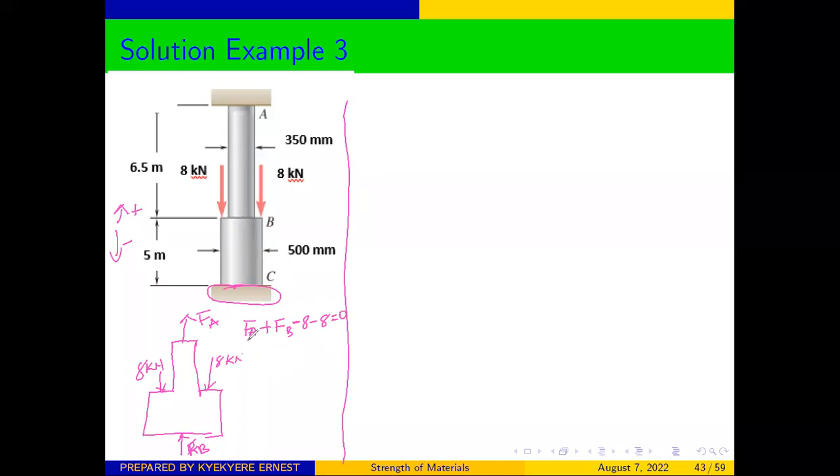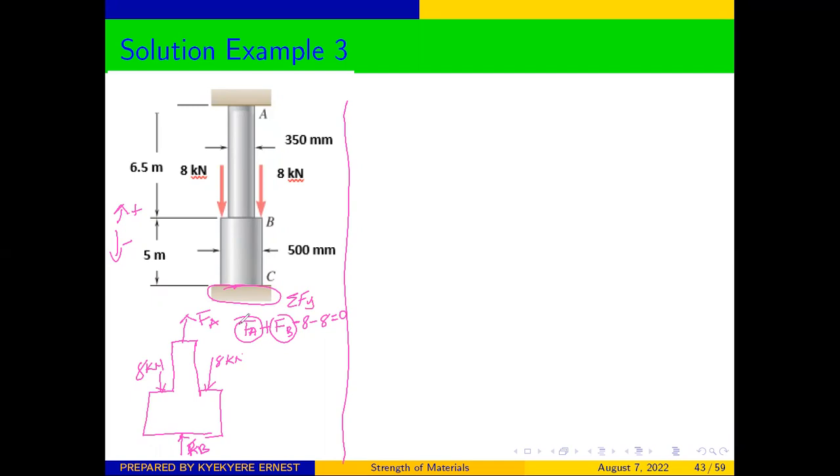However, you can see that we have two unknowns there. Looking at the problem, we don't have any force on the x-axis, we only have forces in the y-axis. And because the forces have a common line of action, we cannot take moment.